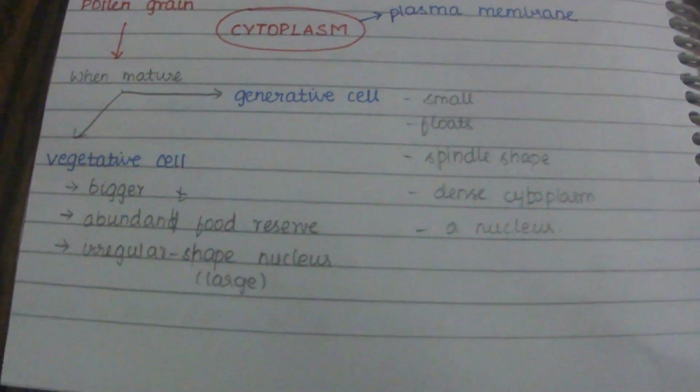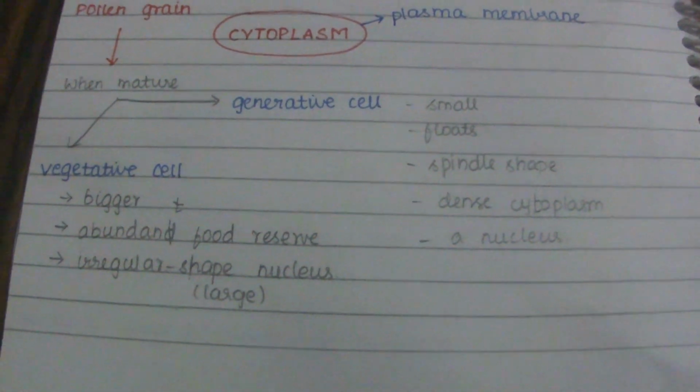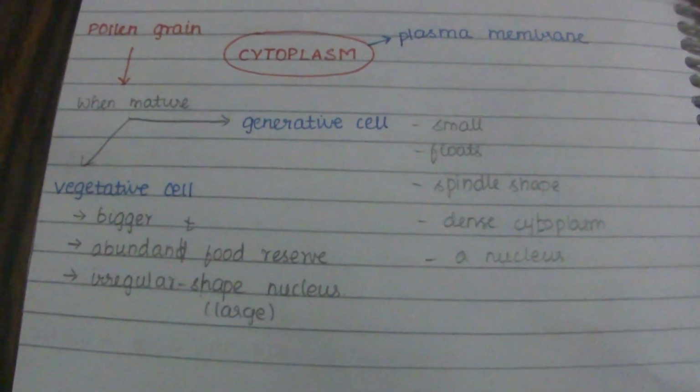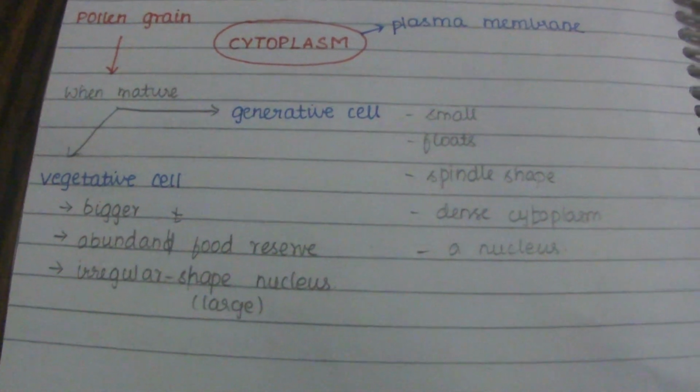Over 60% of angiosperms shed their pollen grains at this two-celled stage.